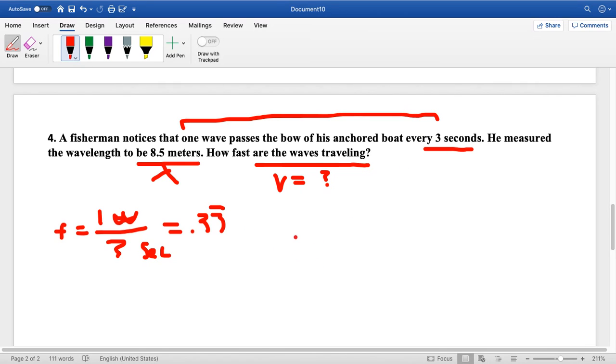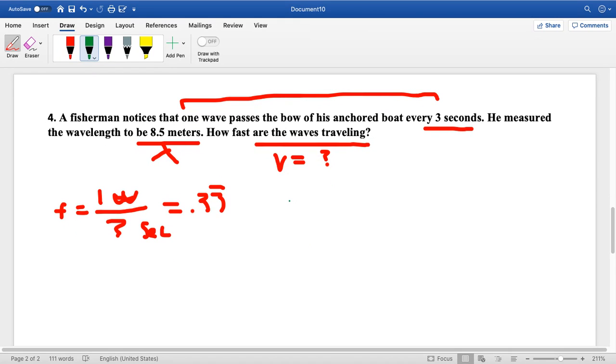Now I can solve for speed because I know that my speed equals frequency, which is this, times my wavelength, which is this.